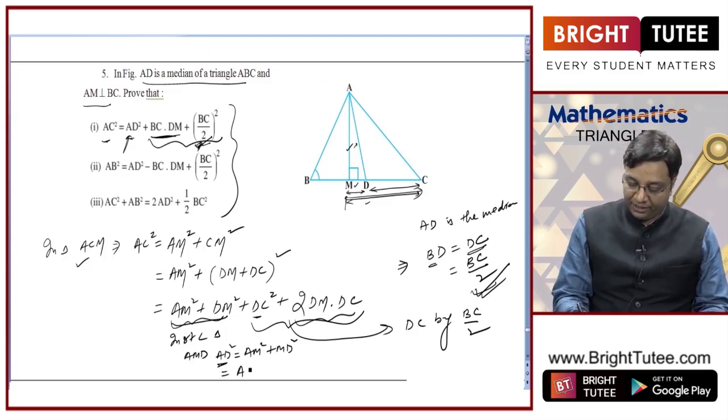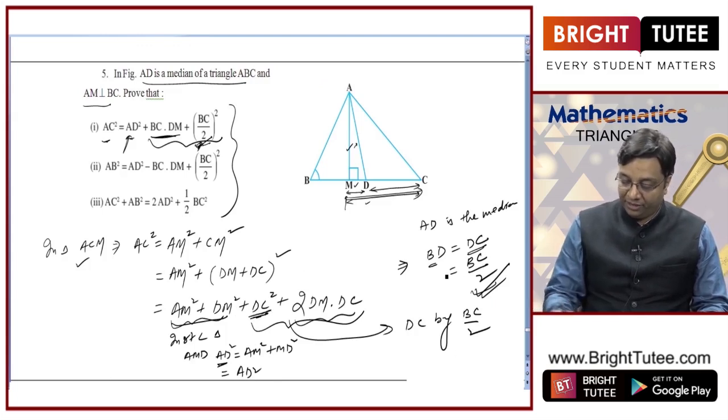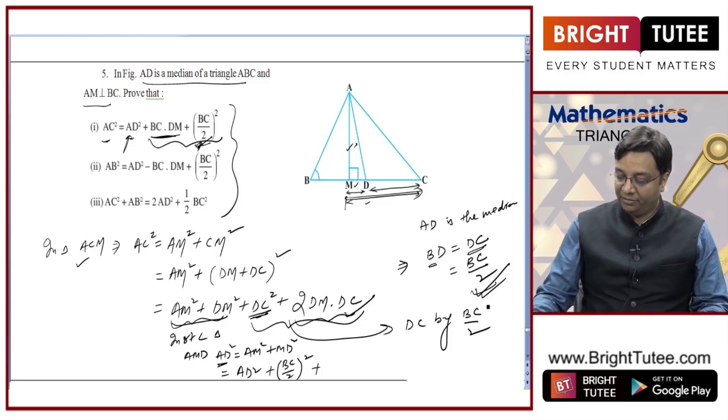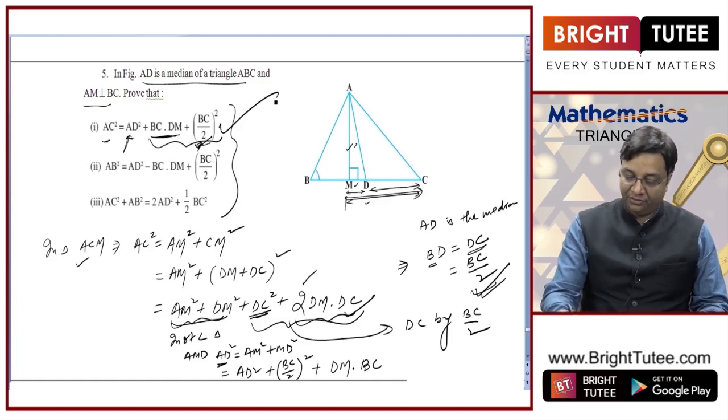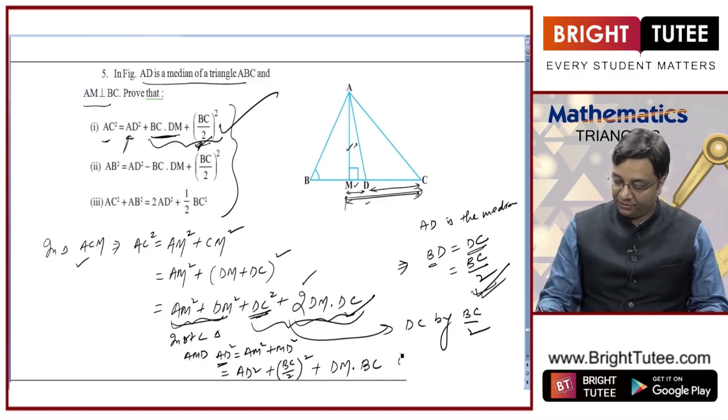So AD square, I am replacing DC square by BC by 2 whole square, plus I am replacing DC by BC by 2. So this 2 will get cancelled and it will give me DM into BC here. So the first part is proved.